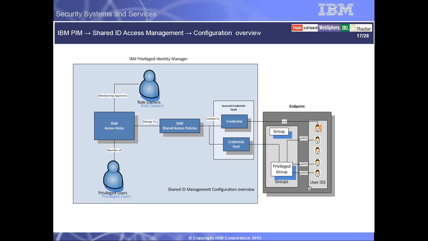Let's say in this case we have 3 privileged IDs, part of a privileged group, and those can be part of a credential pool, so anyone who has this role would get access to these IDs based on their availability. So that's the basic configuration overview, just to give an idea how it is inside.